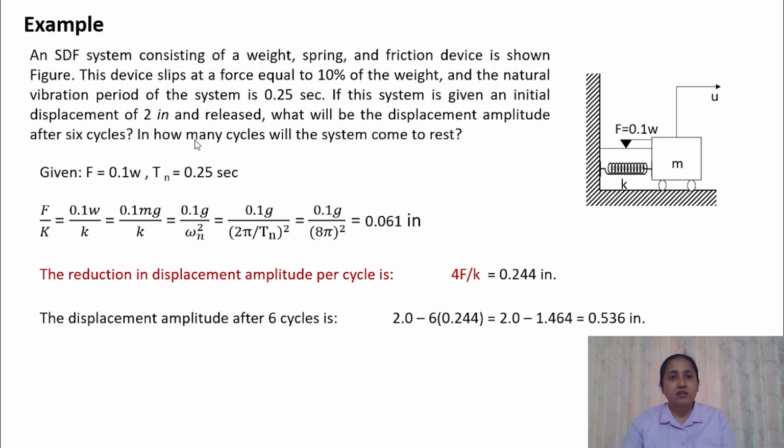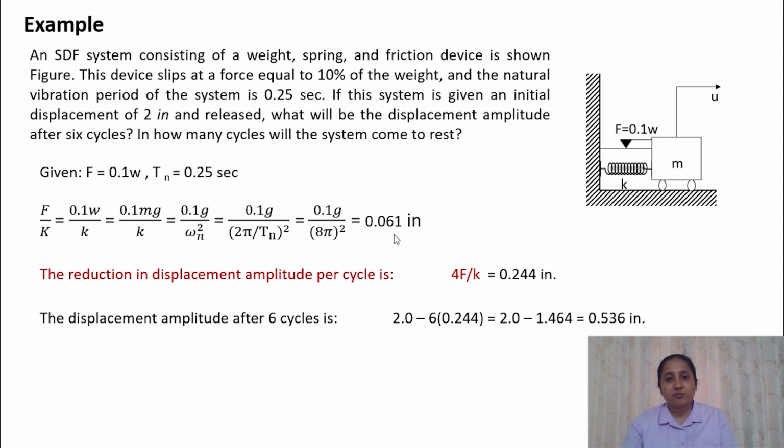Now it is asked, in how many cycles will the system come to rest? We have just learned that the system will continue vibrating until the displacement response is less than F/k.